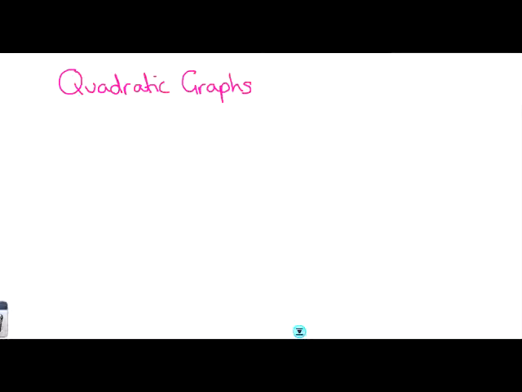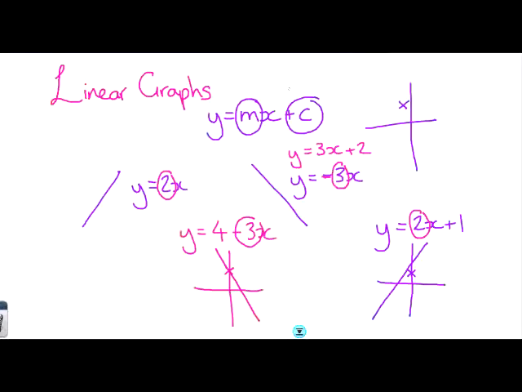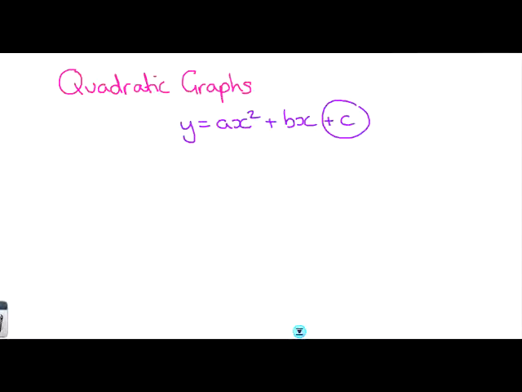Now, quadratic graphs, we write these in this form. And it's really handy because on both of these we had this part, the plus c, which means exactly the same thing. It's where our graph crosses the y-axis. Now you'll notice that I've no longer got a straight line.